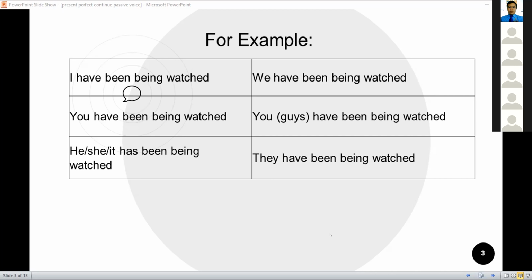Yes, the children have already broken the toy. So when we change the active to passive, we can say the toy has been being broken by the children. Yes, teacher. Anything else? That's all, teacher. Thank you.